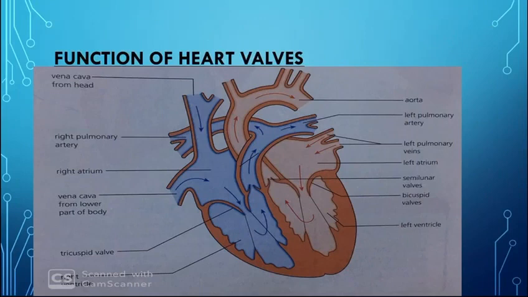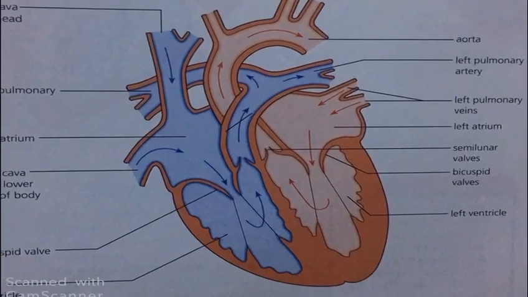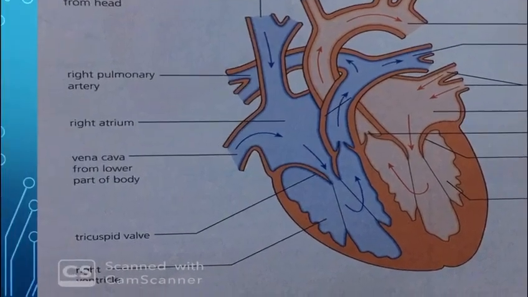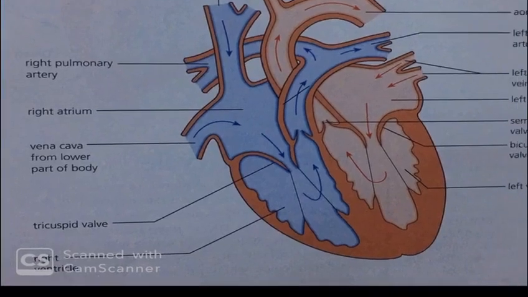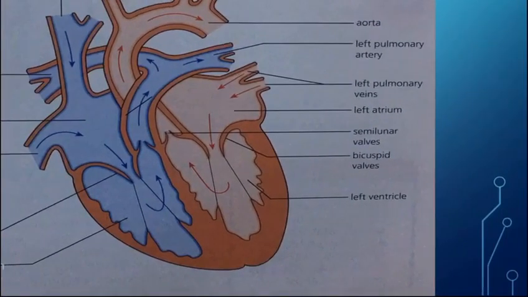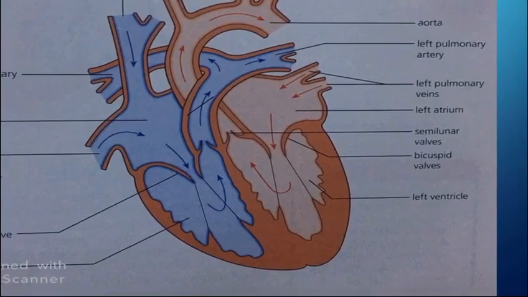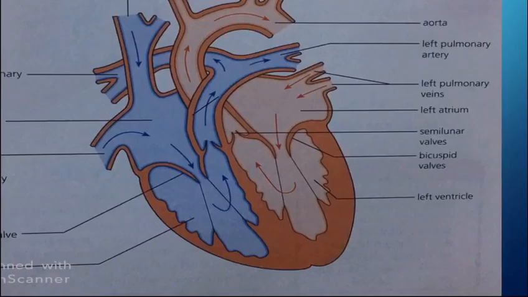The types include the atrioventricular valve, that is, a large valve that separates the upper and the lower chamber, while the tricuspid valve is present at the right side of the heart and it separates the two sides. The bicuspid or the mitral valve separates the left side of the heart, whereas the semilunar valve separates the ventricles from the pulmonary artery and aorta.